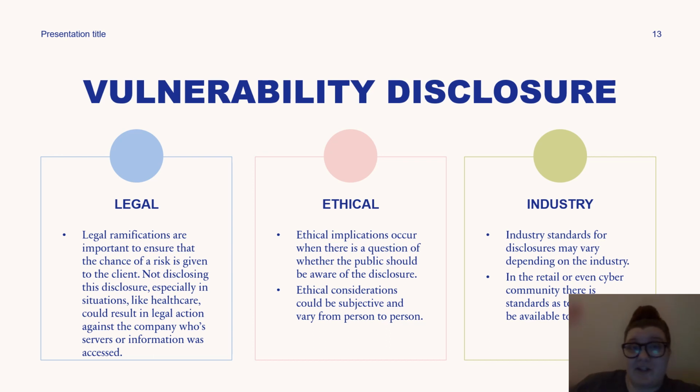Legal ramifications are important to ensure that the chance of a risk is given to a client. Not making the disclosure, especially in situations like healthcare or companies that handle certain sensitive information, could result in legal action against the company whose servers or information was accessed and the client's data was released.